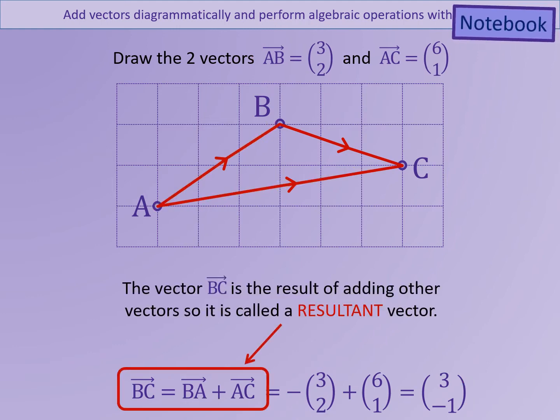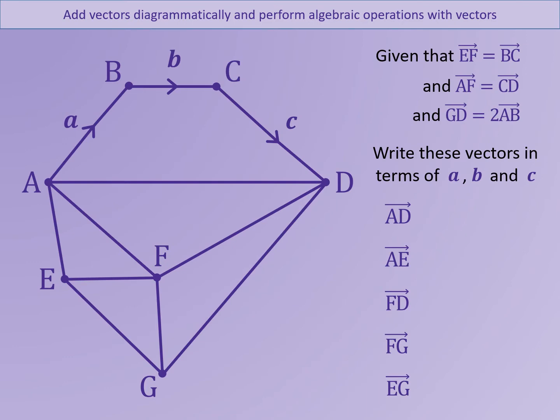So in your notes, we have a little bit of notation. When we are looking at the vector BC, this is called the resultant vector. Let's take a look at this example. We're told a little bit of information.